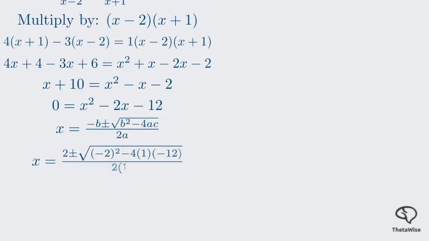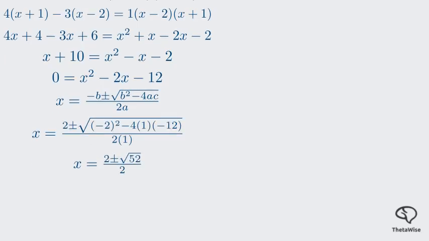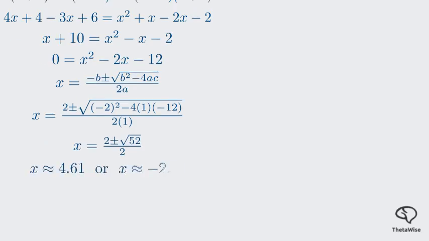Substituting the values in, we get 2 plus or minus the square root of 4 minus 4 times 1 times negative 12, all over 2. This simplifies to 2 plus or minus the square root of 52, all divided by 2. Calculating these, we get our two solutions. x is approximately 4.61 or negative 2.61, usually rounded to 3 significant figures for IGCSE.